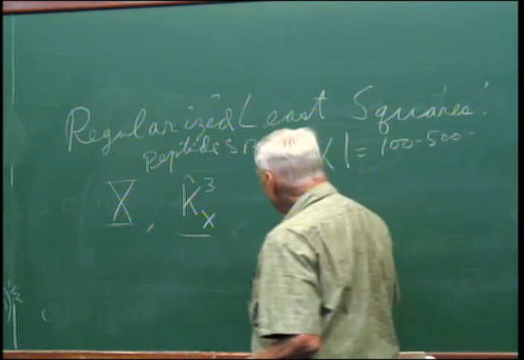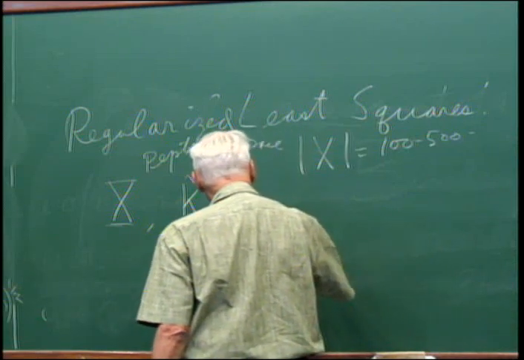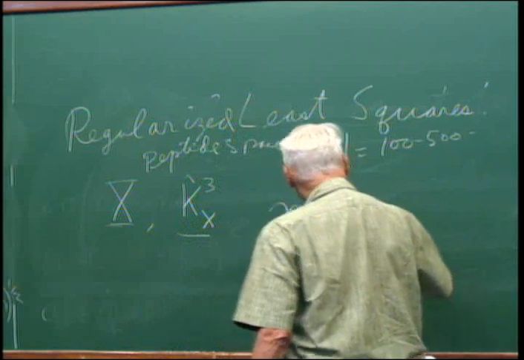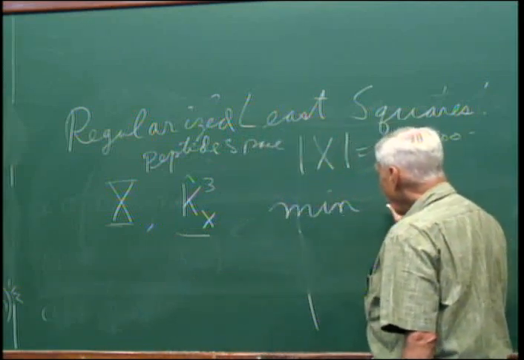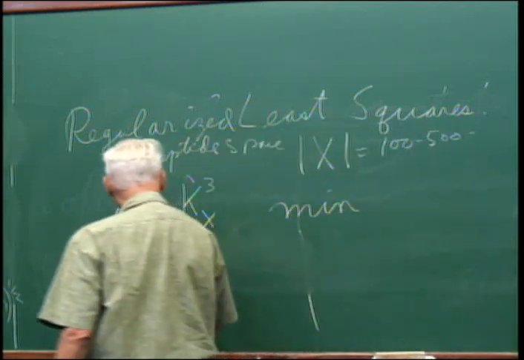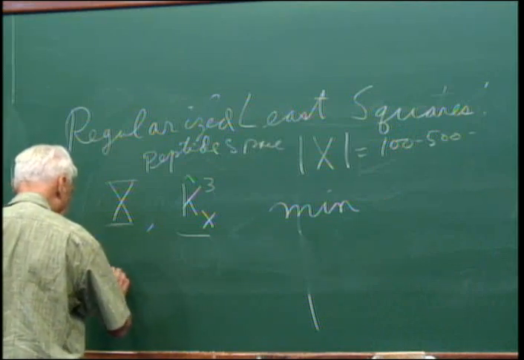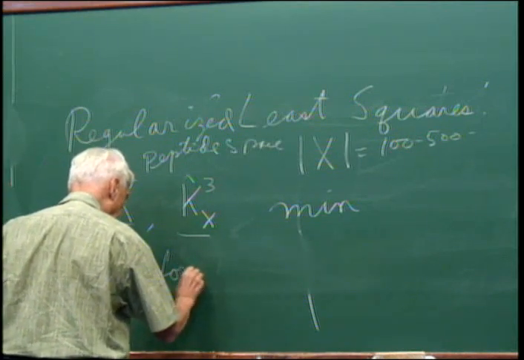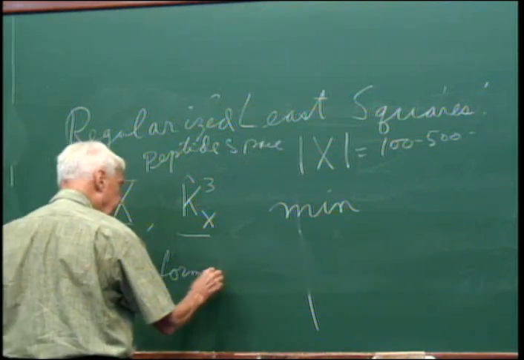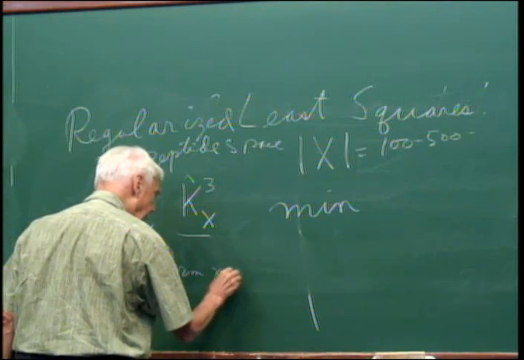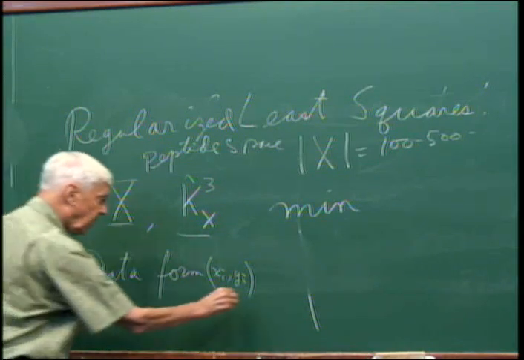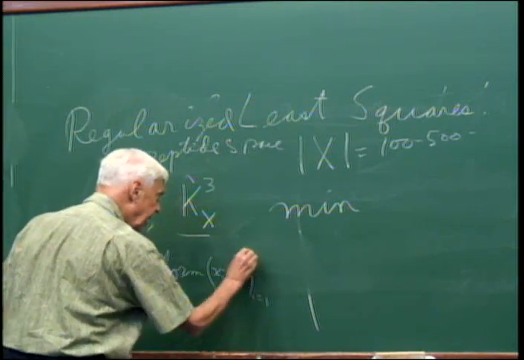And the kernel represents, in a strong sense, biological reality. So then what we'll do is we'll look at the following minimization problem. We minimize this function. We have data of the form (x_i, y_i), i going from 1 to m.